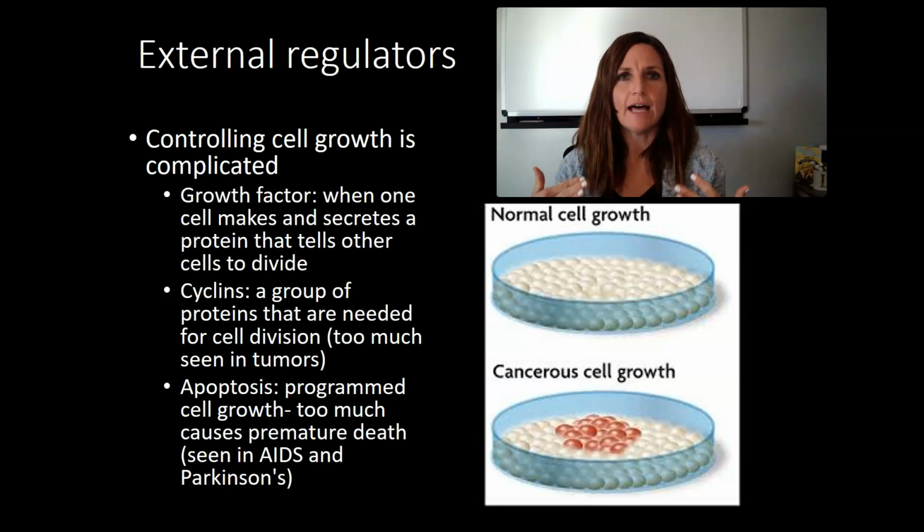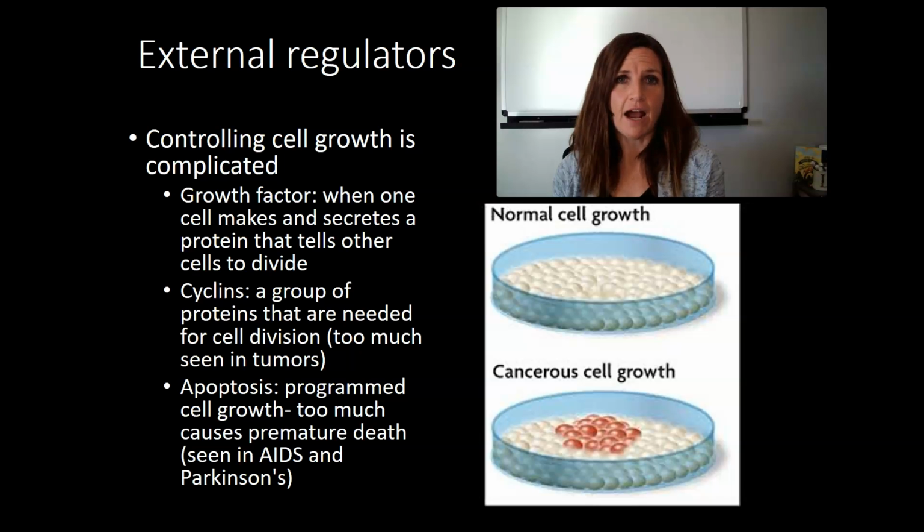This kind of overlapping oversight is set forward to try to help the cell make sure that it doesn't divide if it shouldn't divide. Cells dividing at too high a rate is predominantly something that causes cancer or just negative things, other tumors within the organism. So we try to make sure our cells only divide when it's appropriate for them to do so.